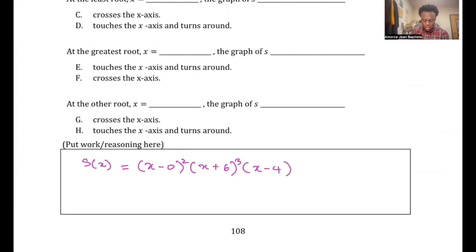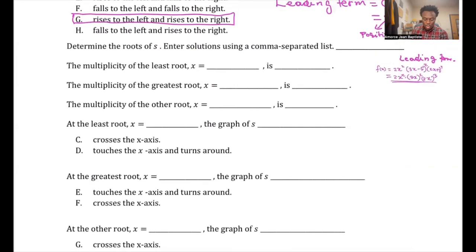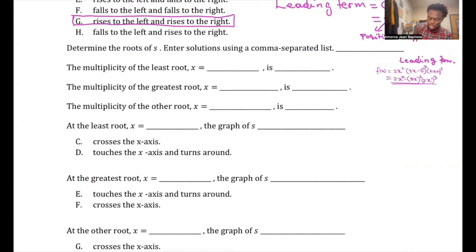So when we set this equal to 0, x will be automatically 0. This one, x plus 6 equals 0, x equals -6. And then you get x equals 4. So the zeros are -6, 4, and 0.